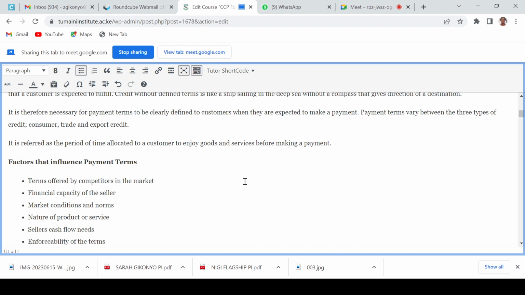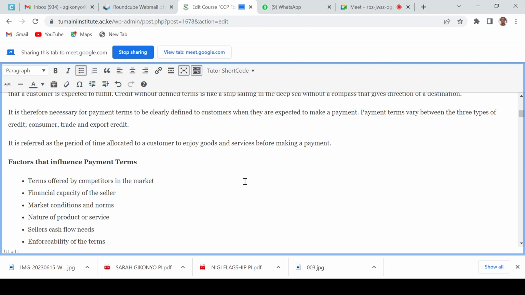For Bidco to decide the terms it gives its retailers, it may ask itself: what is the competitor offering? If the competitor is offering 20-30 days, then you ought to give around that range. Otherwise, if you give 60 days, you will be left behind. So you look at what the competition is offering.